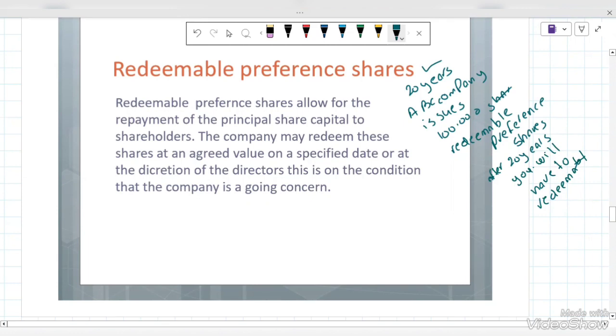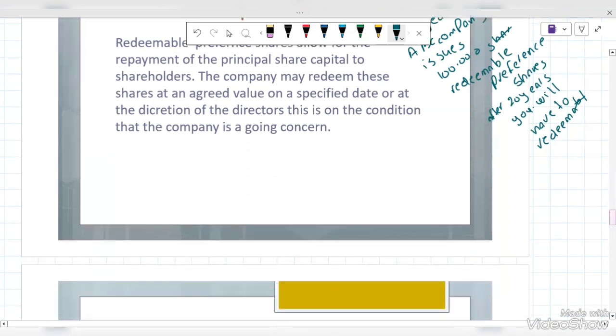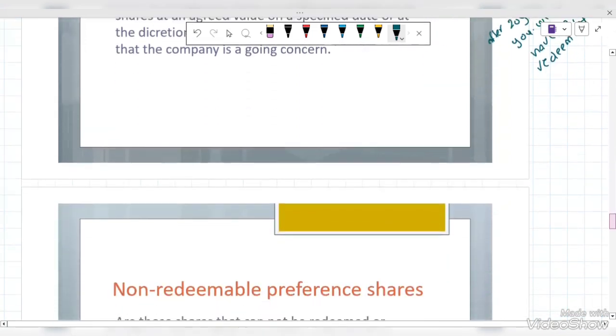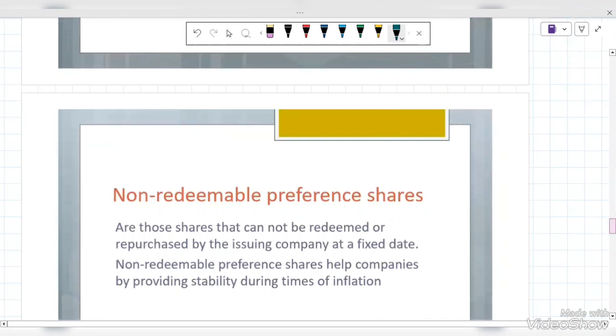You will just take out your shares, and you can again invest that amount in any other company, maybe XYZ company or any other company.